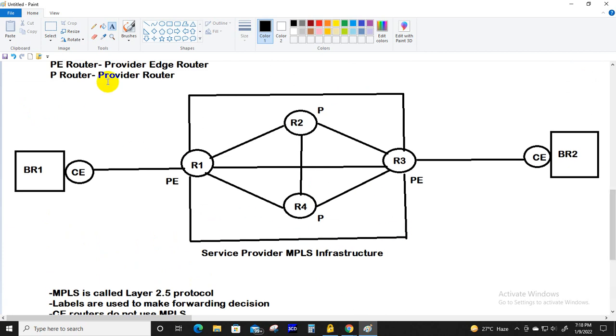In layer 3 MPLS VPN, the CE and PE routers peer with each other using routing protocol, like OSPF, to share routing information. They form peering using routing protocol or using static route.